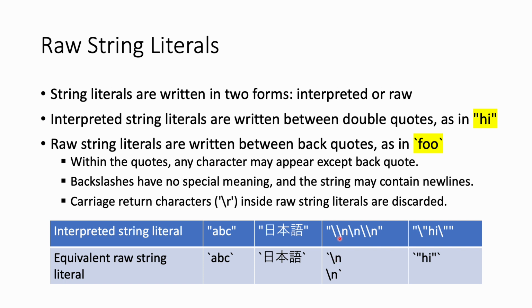For example, the double backslash becomes just a single backslash, and the backslash n becomes the newline character, and the backslash double quote becomes just the double quote character.